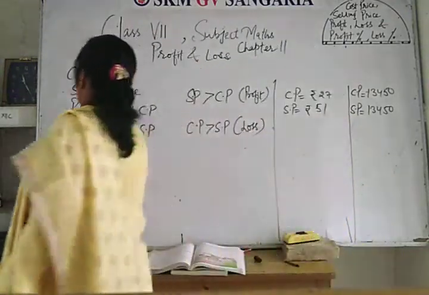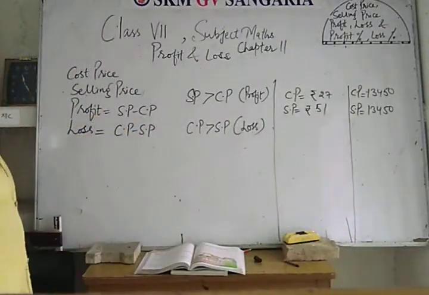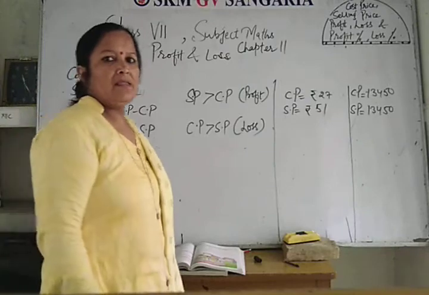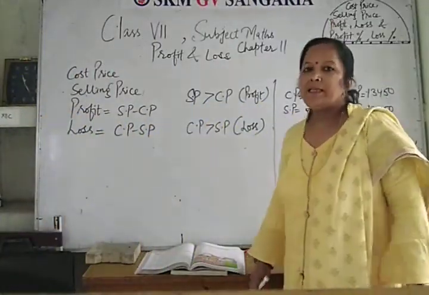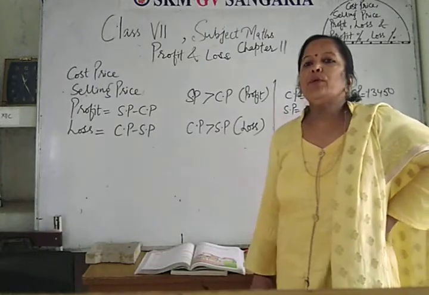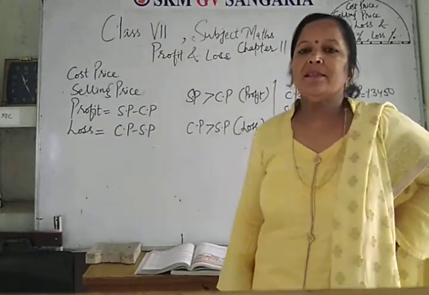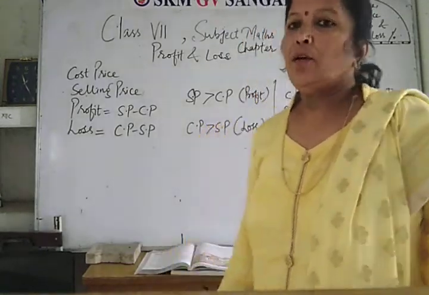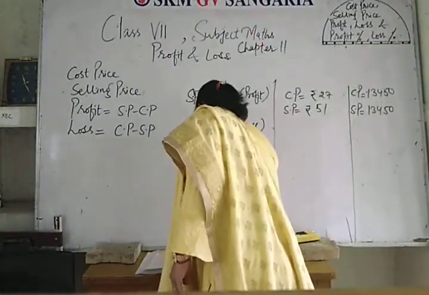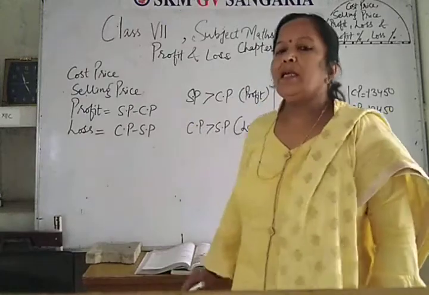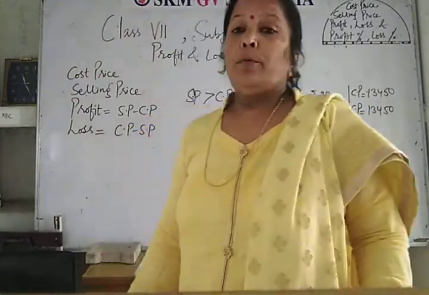So we can say profit is equal to selling price minus cost price, and loss is equal to cost price minus selling price. Now some of the problems in your review exercise on how to calculate loss or profit.